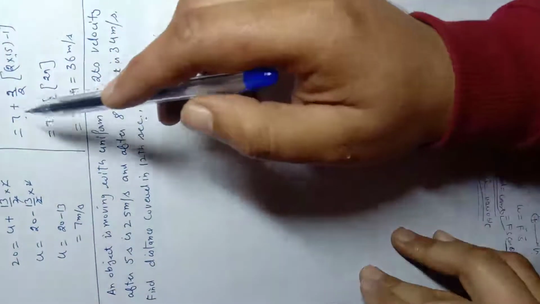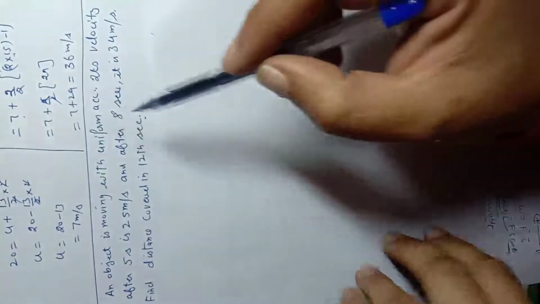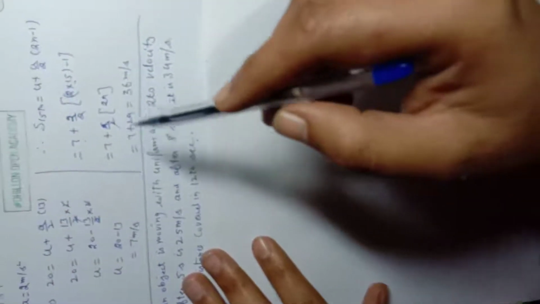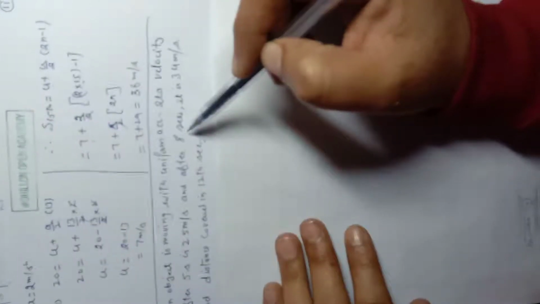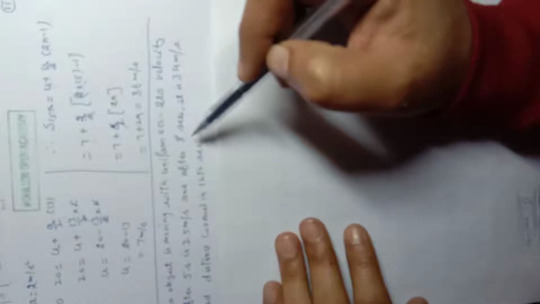We have already used the equation of motion for the displacement covered in the nth second of motion, for which we require u and a. Both initial speed and acceleration are not given. So the first step is to find out the initial speed as well as the acceleration of the body.